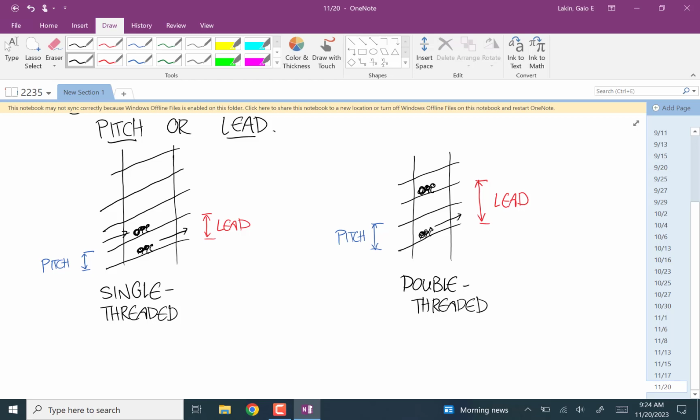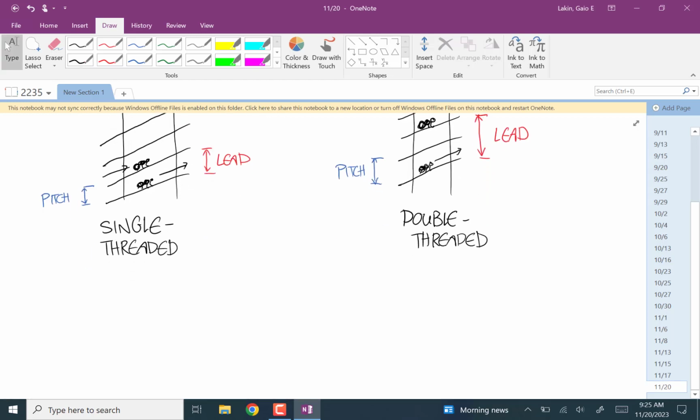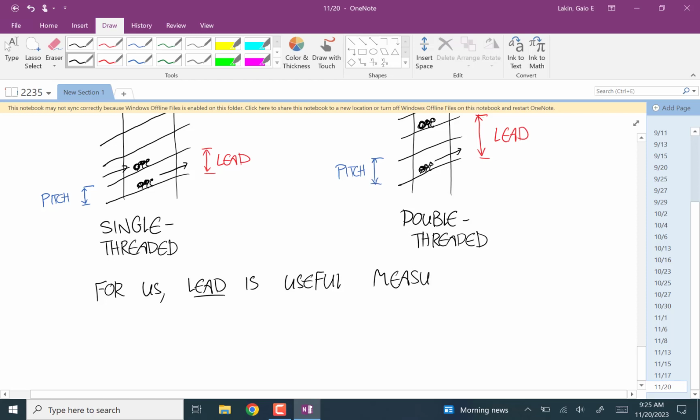Okay, so look at that for a second and make sure you understand what I'm saying here. Pitch is just the distance between two adjacent threads. But if those threads don't connect to each other, then that's not useful for our calculations. So for us, the lead is the useful measurement, because we're going to use that to calculate that angle theta.